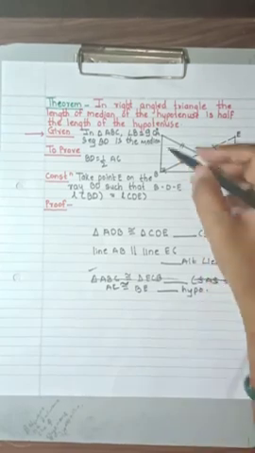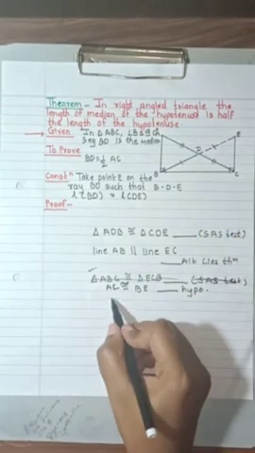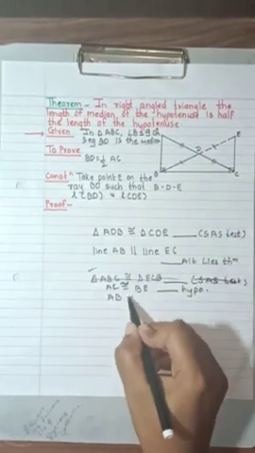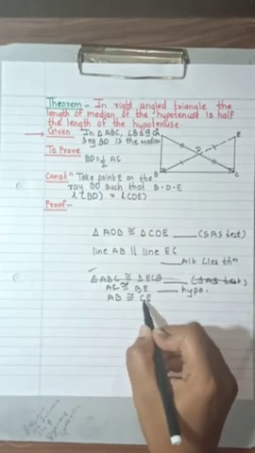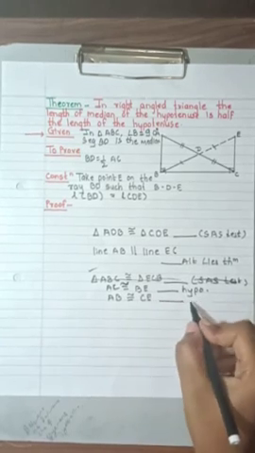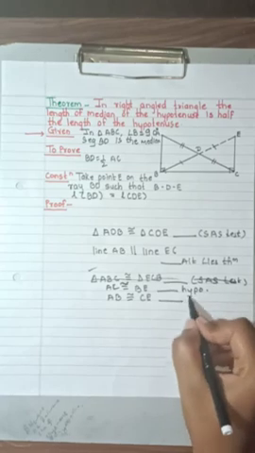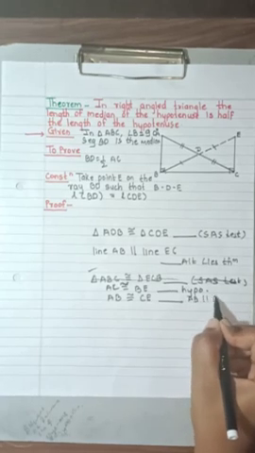After that AB is congruent to CE, and AB is parallel to EC.